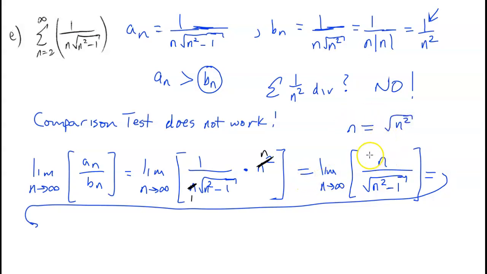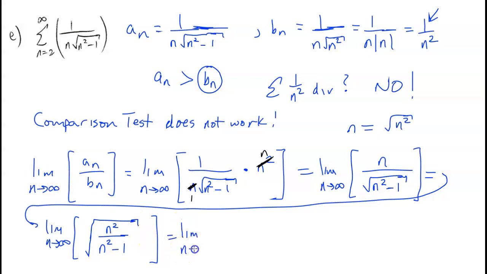Because of that, whenever I have a square root of something divided by a square root of something else, I know that I can rewrite what I have inside my limit operator as just a big square root of n squared divided by n squared minus 1. If I look at it this way, it's going to be a lot easier to evaluate this limit, and I'm going to do less thinking in doing it.